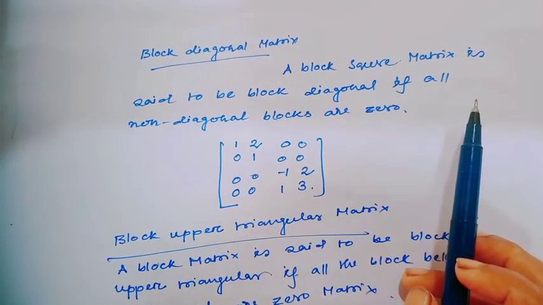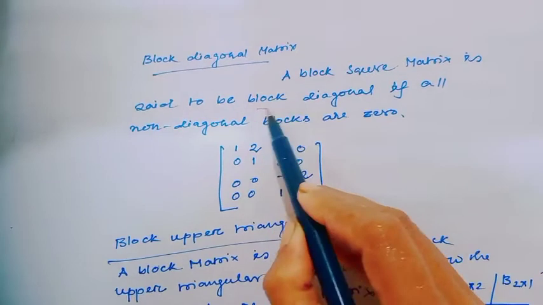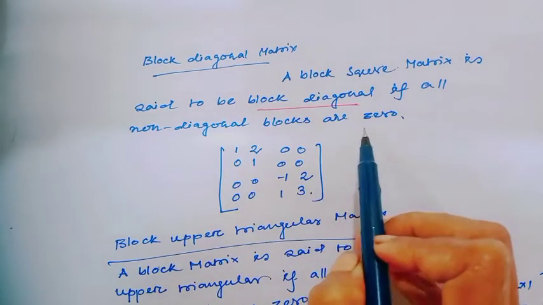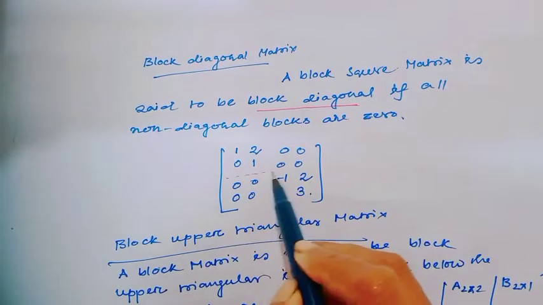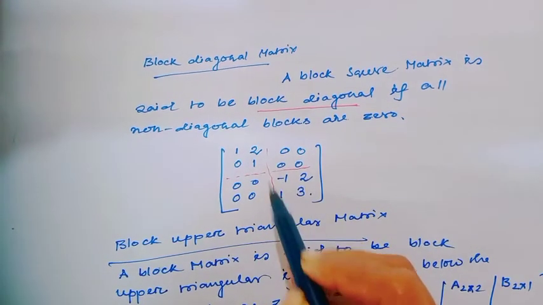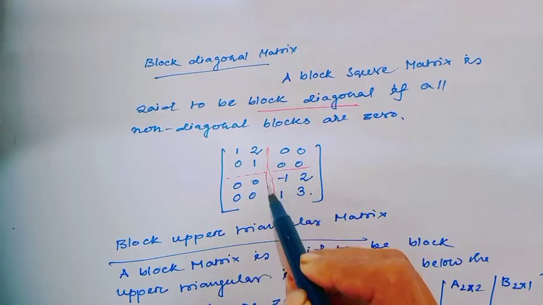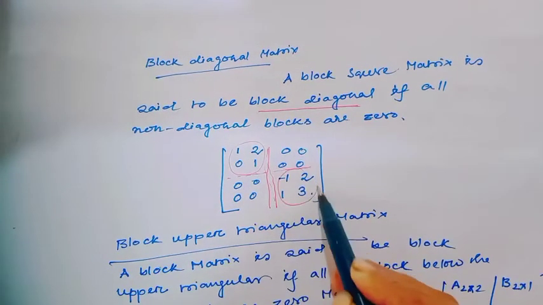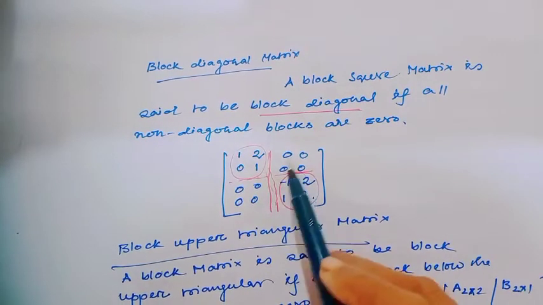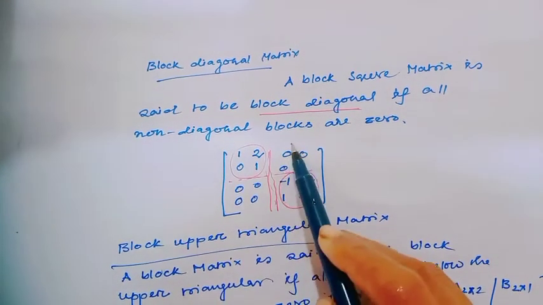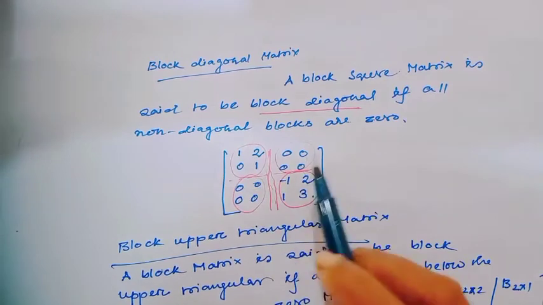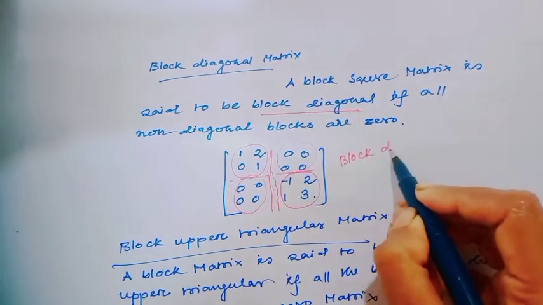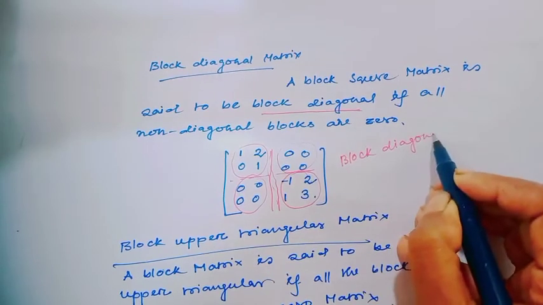A block square matrix is said to be block diagonal if all non-diagonal blocks are 0. Just partition this matrix. Here notice, in the diagonal these blocks are non-zero, but in the off diagonal these blocks are actually 0 blocks. So this is the block diagonal matrix. Have you understood? Okay.